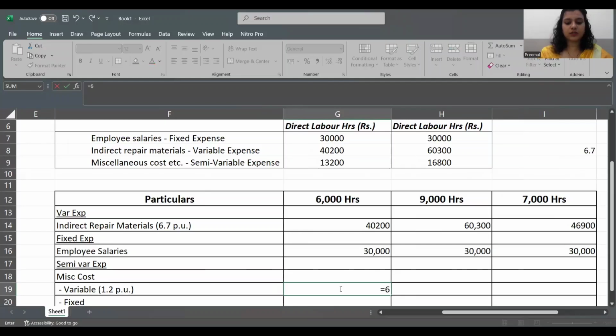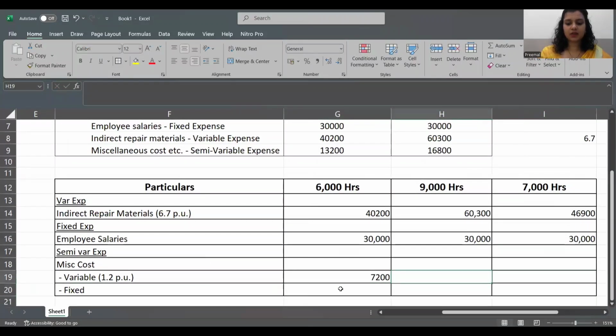So for the first column, it will be 6,000 into 1.2. Second column, 9,000 into 1.2. And third column, 7,000 into 1.2. So with this, we have the variable portion of the semi-variable cost.